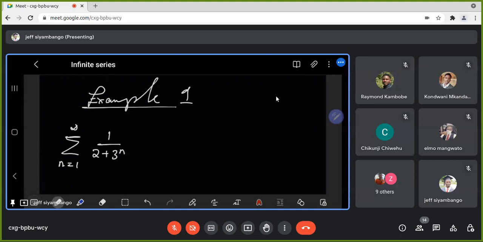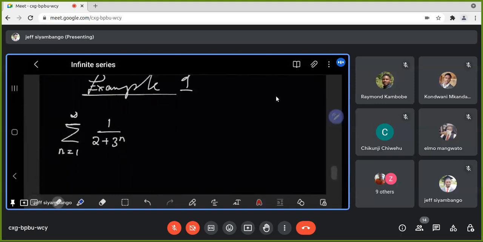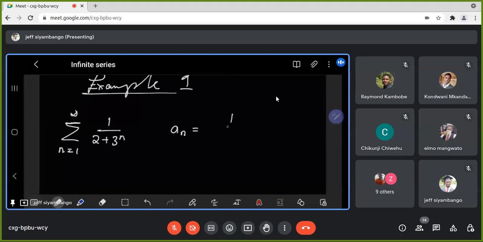But if you could define something similar to this, but just a little bit different, that you might be able to easily conclude whether it diverges or converges, the world would be a better place. Now, what do I mean? Let's set this first of all to be our An. So our An is 1 over 2 plus 3 to the power n.